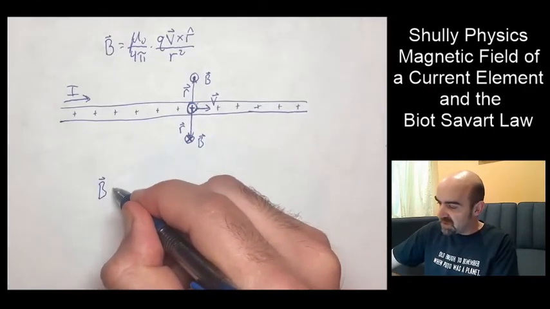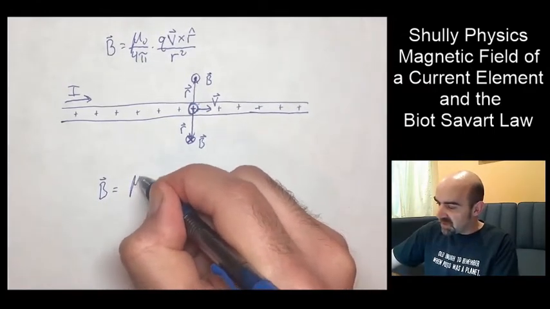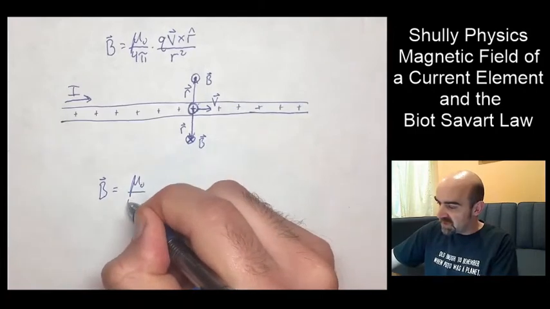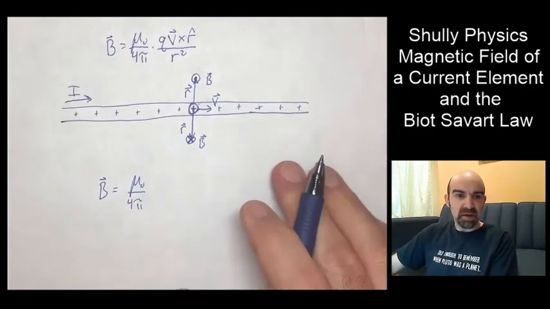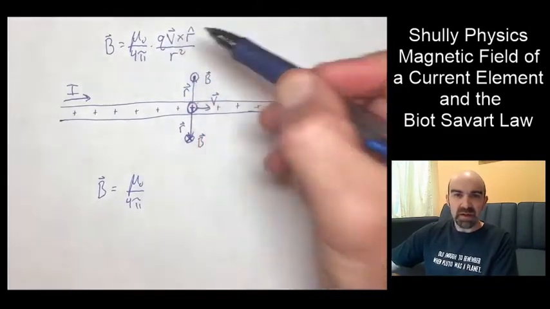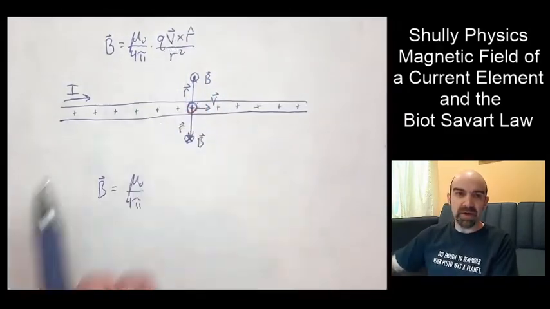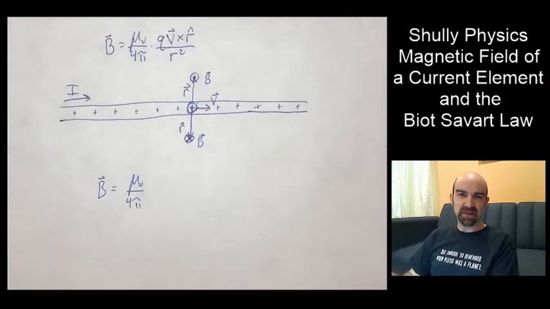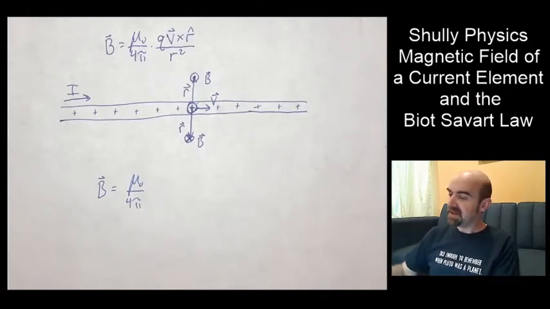So instead, I'm going to rewrite the expression from yesterday, but instead of Q and V, let's think about that little combination of charge and velocity. And I think we saw a little bit of this from the force on a moving charge lesson.